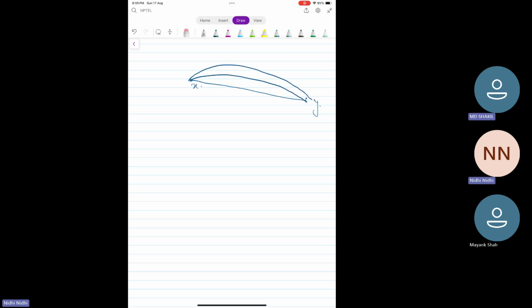Basically, individually we take x as a center and y also as a center and draw two arcs, with 45 degrees, and similarly for y.